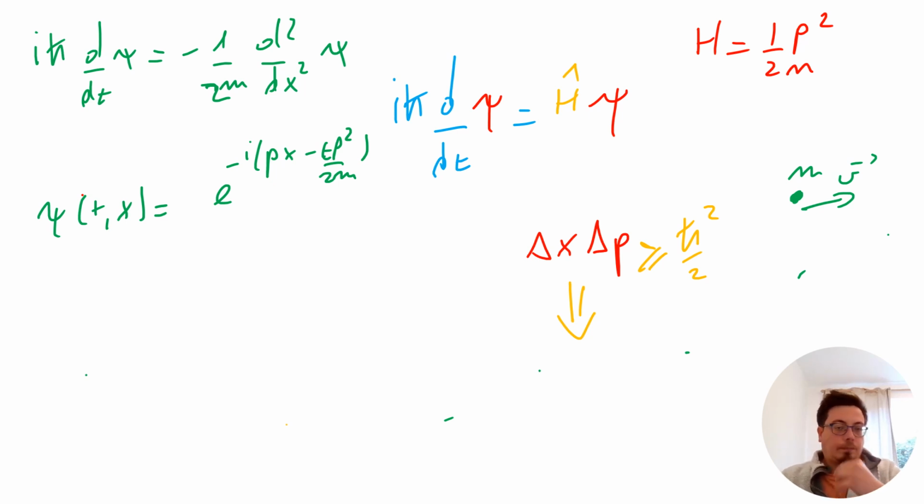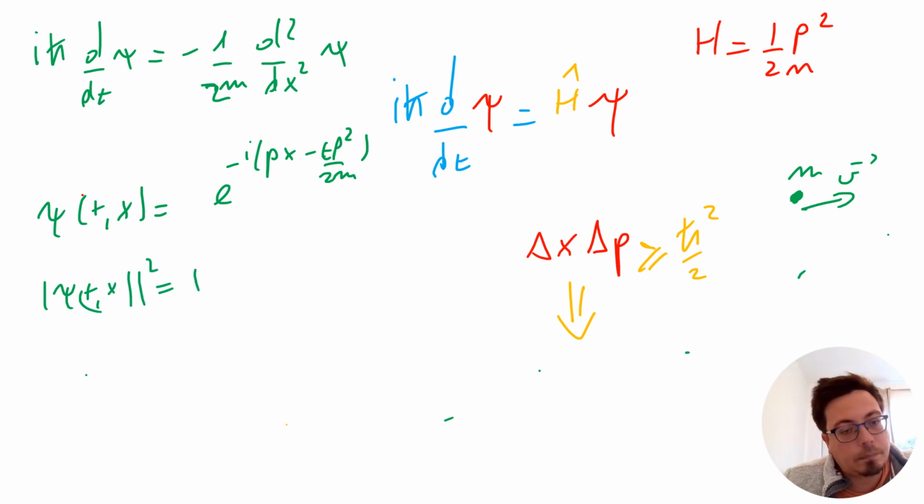This is a complex number, as you can see, so we know exactly what a complex number is. It is a complex number with modulus 1, so the probability, the square of it, is 1, meaning that the probability is 1, which makes sense. So the modulus of the function of x and t is equal to 1, which is fine, meaning that we're not doing something wrong. So all the possibilities that can happen will happen. This is what this is saying.